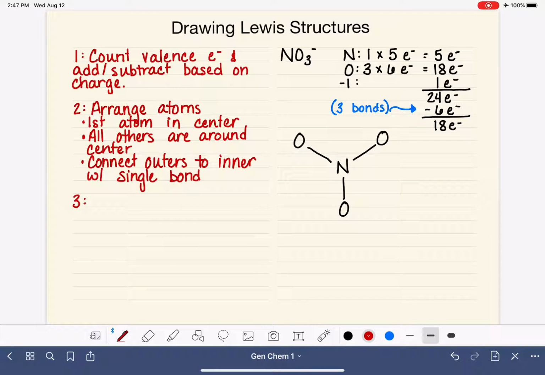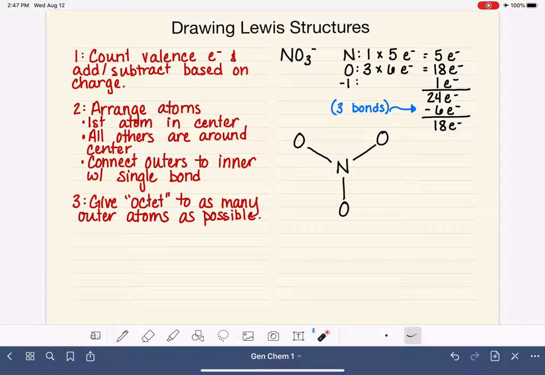So after we've got that set up, then what we are going to do is use the remaining electrons to give an octet. Remember, that means 8. Give an octet to as many of our outer atoms as possible. And right now we're only working with the outer atoms. So we're just going to pick any atom to start with.